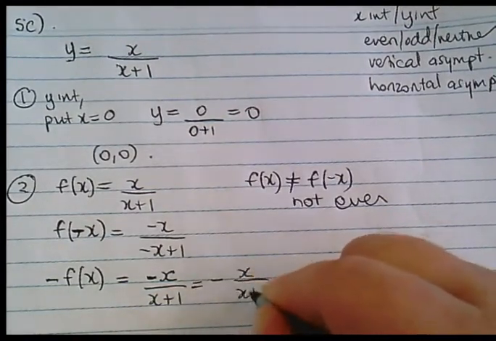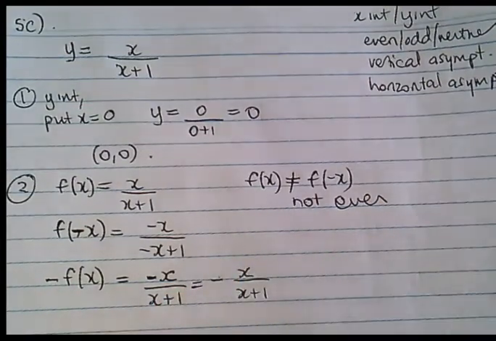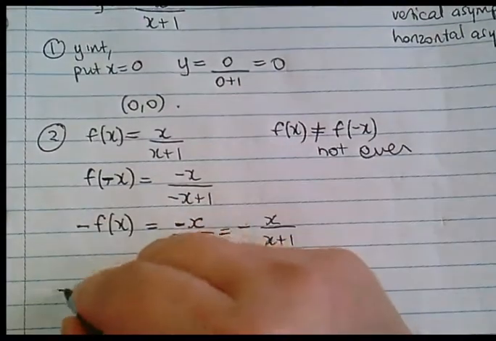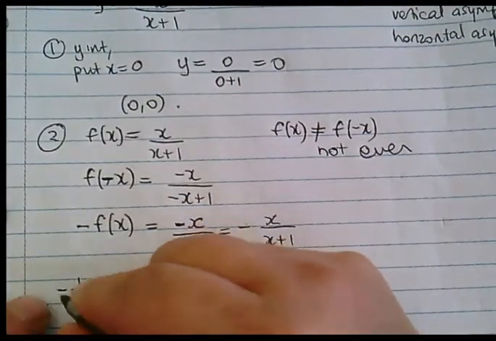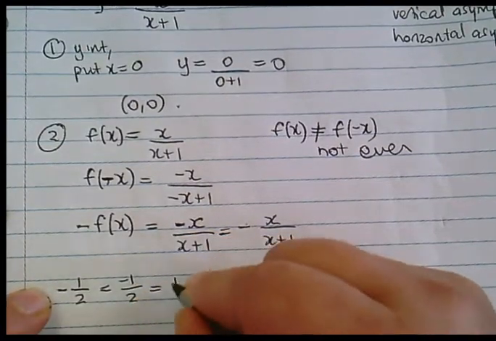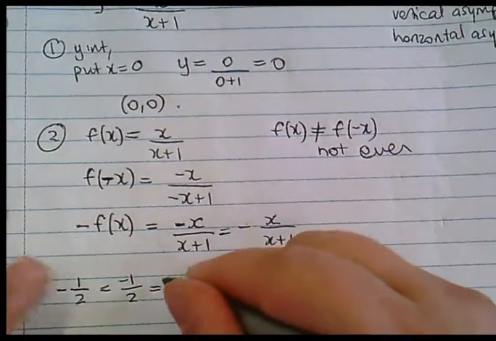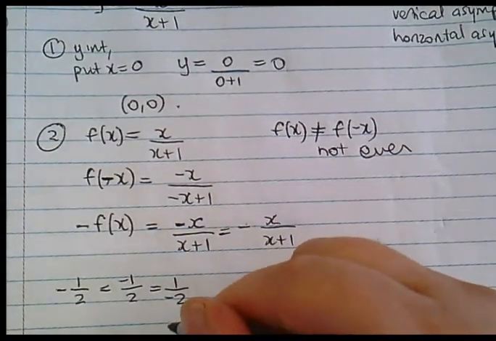Do you remember I used to do this before? Negative a half is really either negative 1 over 2 or 1 over negative 2. Remember that? You can't put a negative on a negative, you'll get a positive.